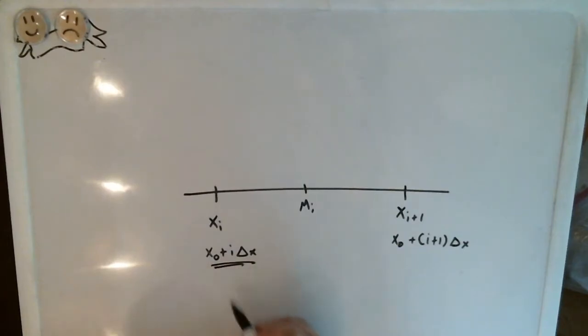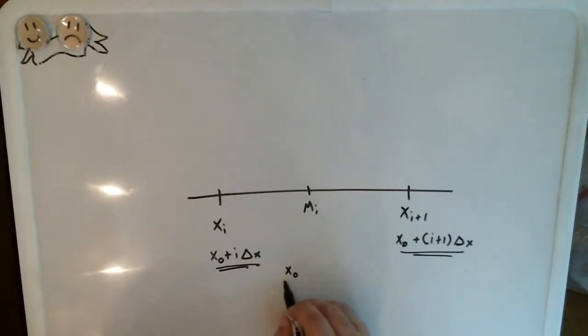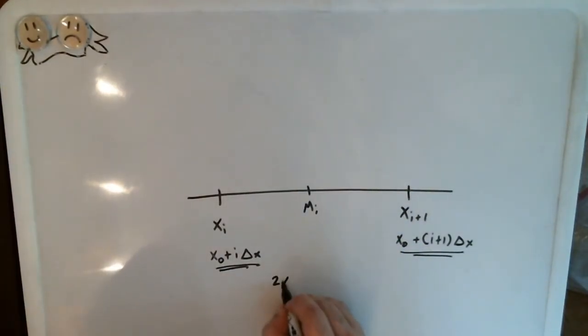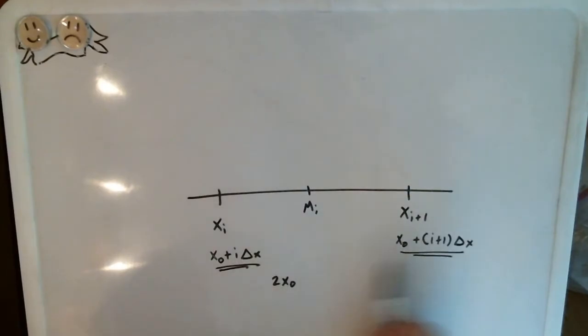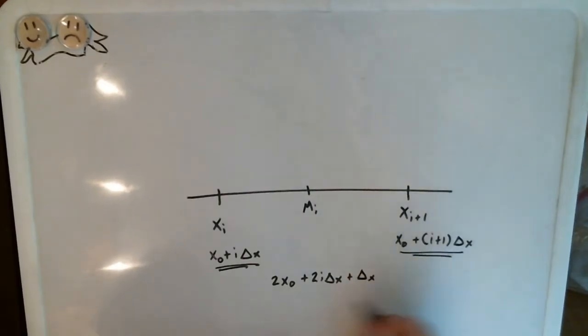It's going to be the left one plus the right one, divided by 2. If I look at that, I'm going to get an x0 over 2. No, don't be a dummy. x0 plus x0 is 2x0. And then i delta x plus (i plus 1) delta x is going to equal 2i delta x plus delta x. Make sure that makes sense to you. And then I divide that whole thing by 2.